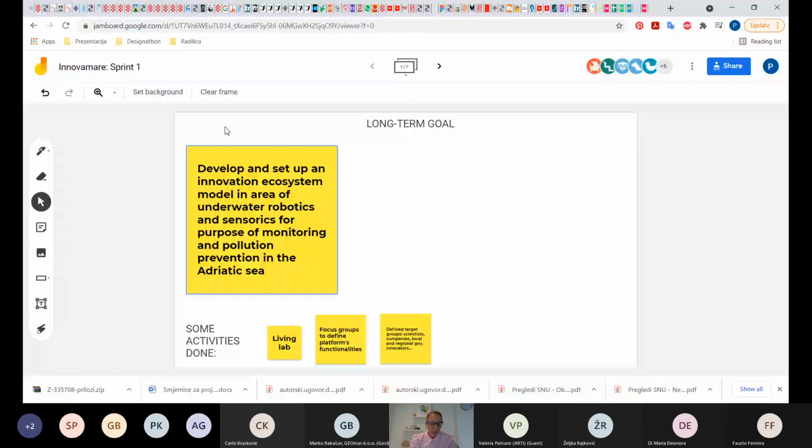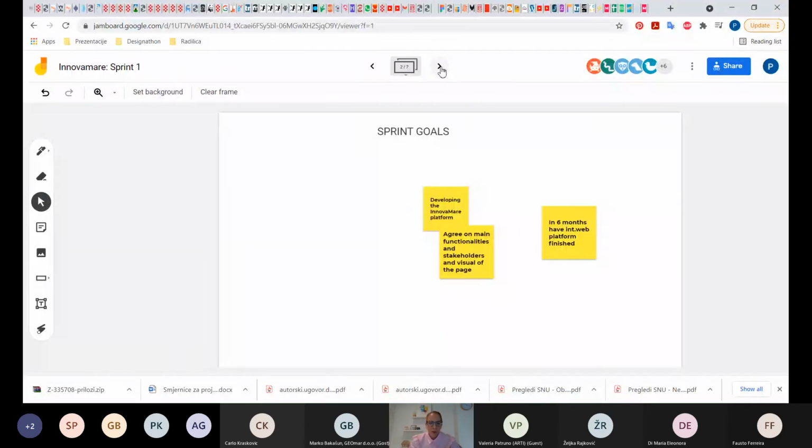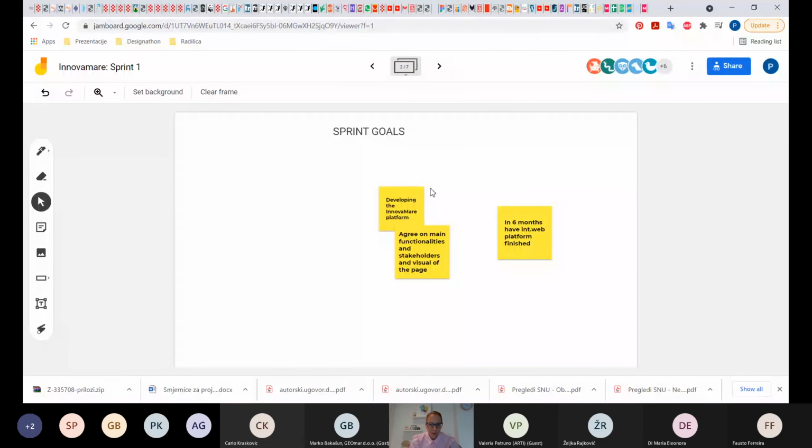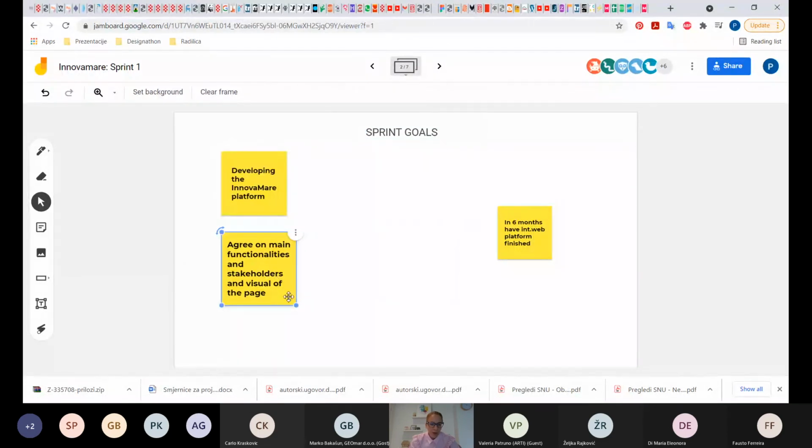So also I've listed some activities that have been done so far, more regarding the goal of this sprint. So basically the sprint goals are more specific and they're related to the platform. So it's to develop the InnovaMare platform, to agree on main functionalities and stakeholders and the visual of the page.